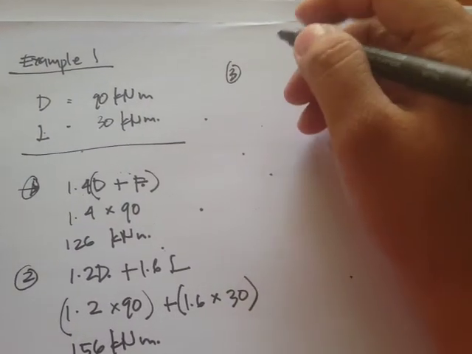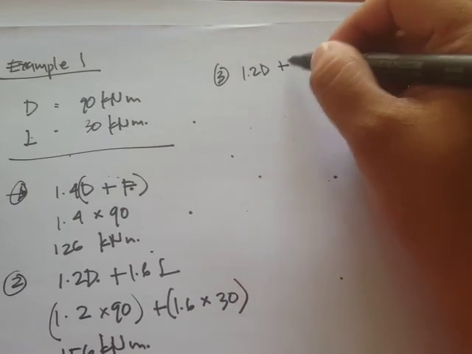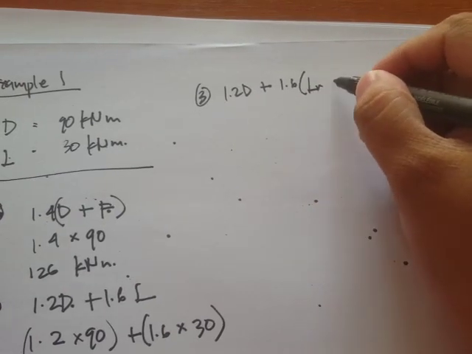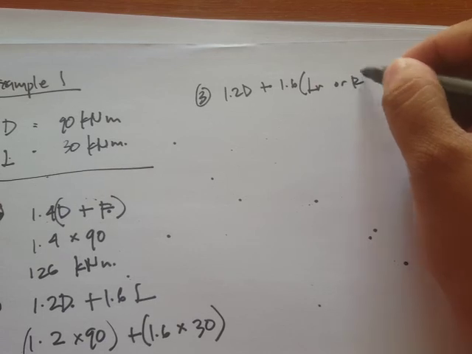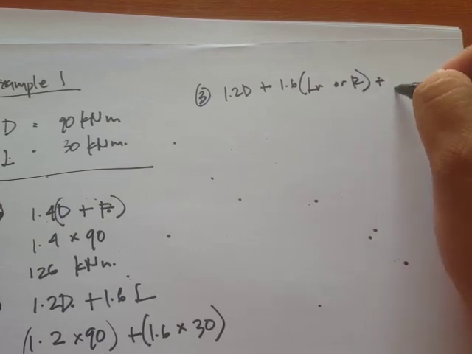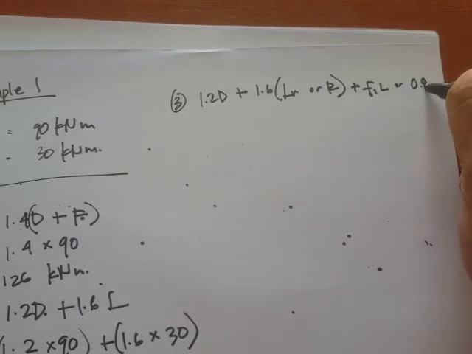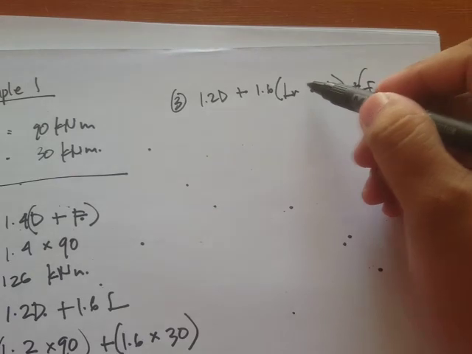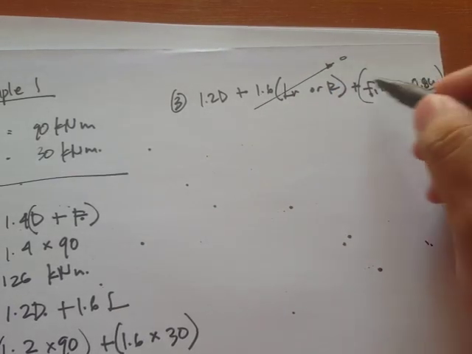meter. We can also check the third combination. So for the third combination, we have a 1.2 dead plus 1.6 roof live loads or rain loads plus F1 L or 0.8 wind. Okay, so since we don't have this LR or R, so this one is 0, the term.